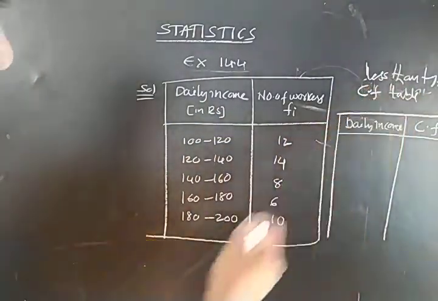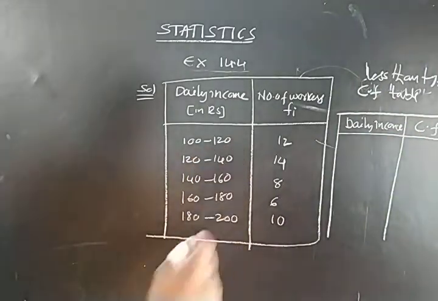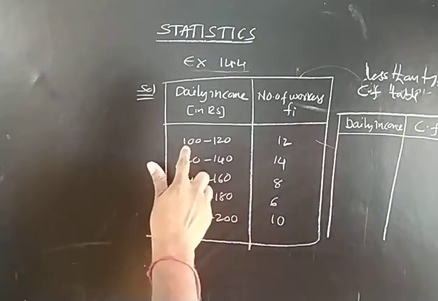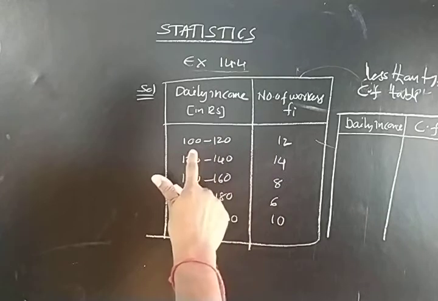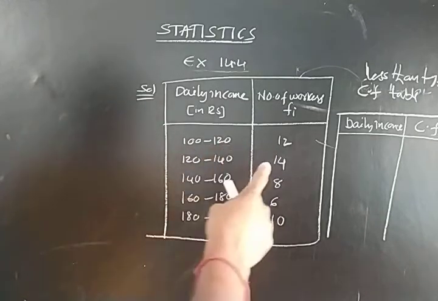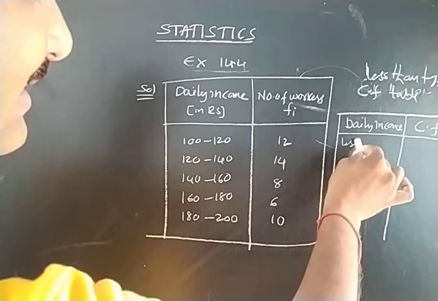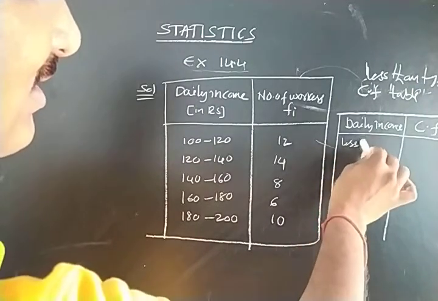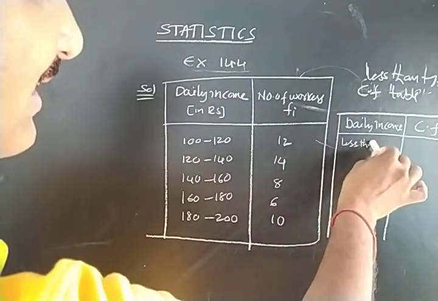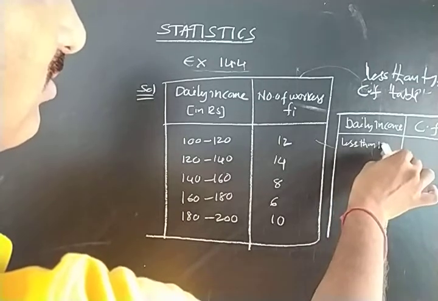For the less than cumulative frequency, we should take the upper limits. 100 to 120 means 100 rupees to 120 rupees are received by 12 workers. In place of that you can write less than 120.